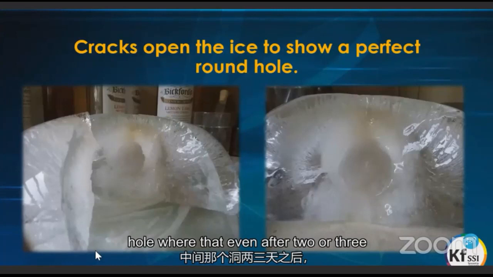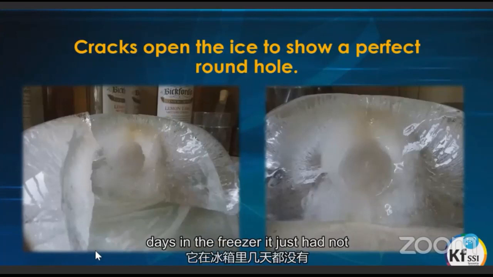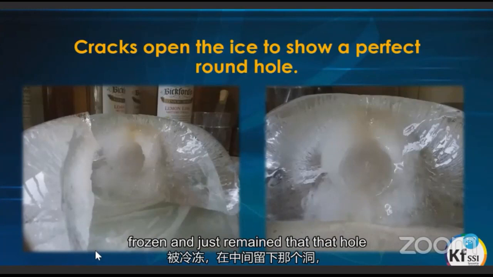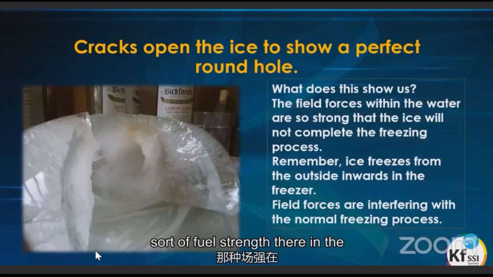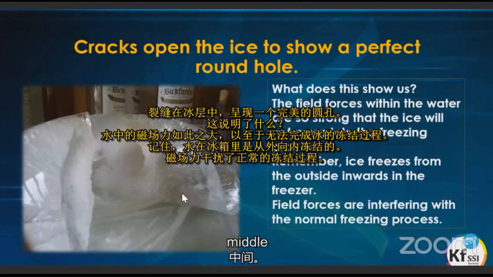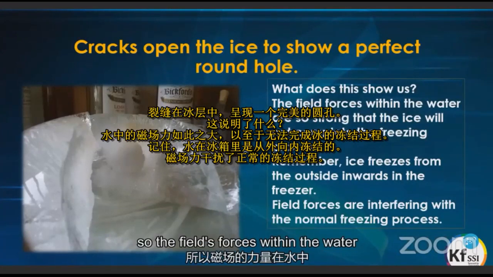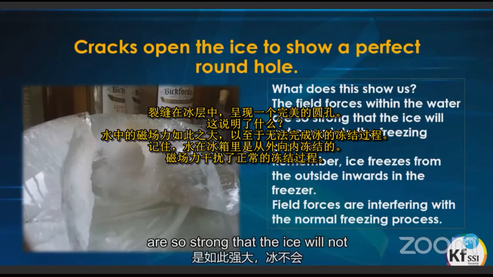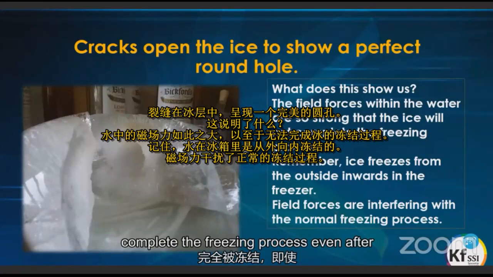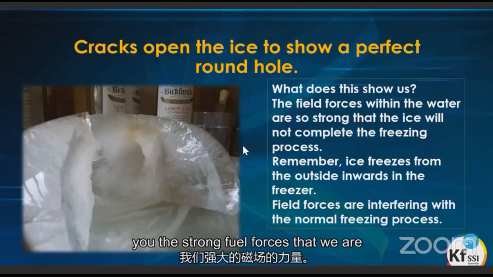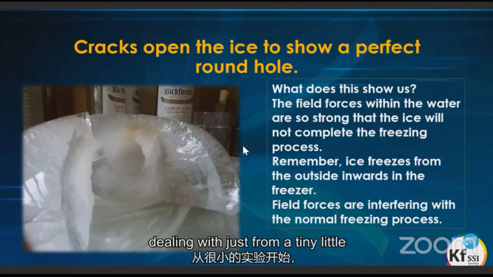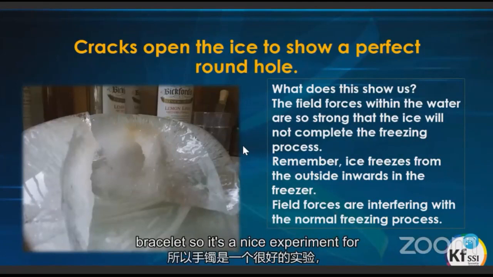Even after 2 or 3 days in the freezer, it just had not frozen and remained that hole. So that's your principal field strength there in the middle. The field forces within the water are so strong that the ice will not complete the freezing process even after 2 to 3 days. It just shows you the strong field forces that we are dealing with from just a tiny little bracelet.